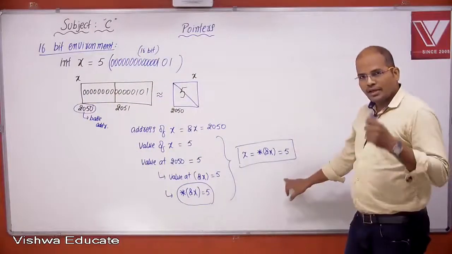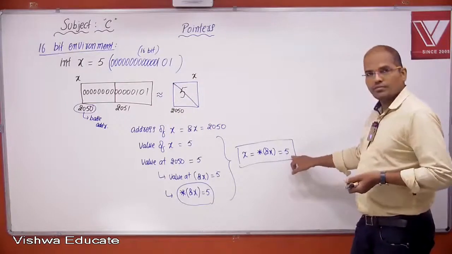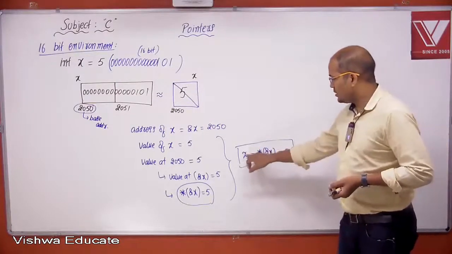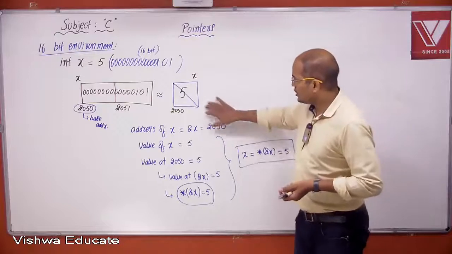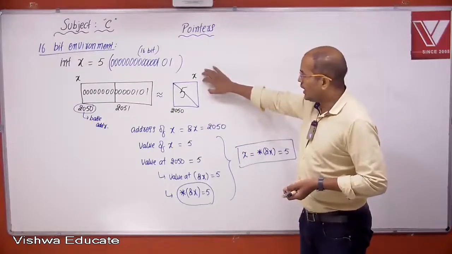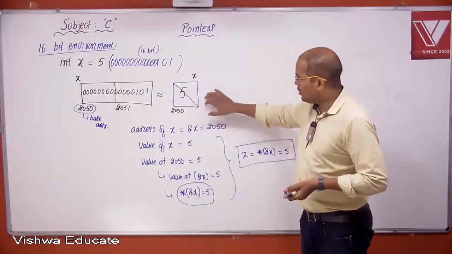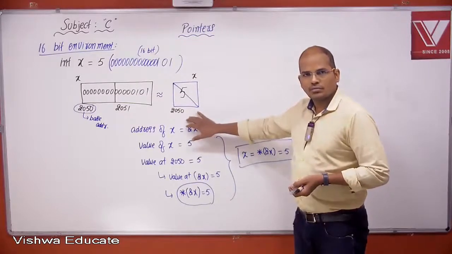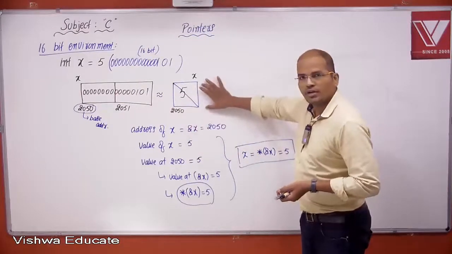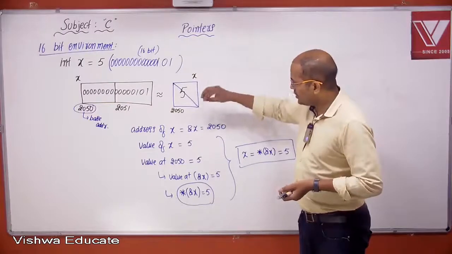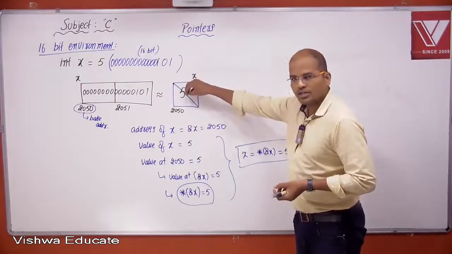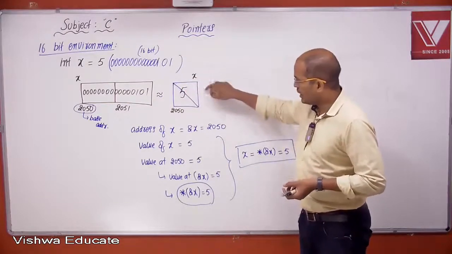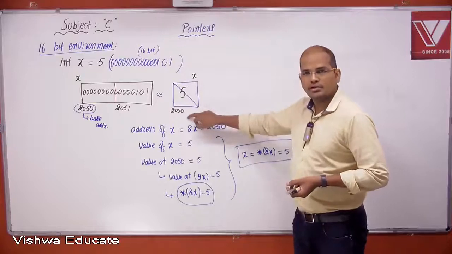Now from this conclusion, I can refer to 5 by its name, the location name. I can refer to 5 by the location address. If this is my physical location, I can refer to the value present in that location by its name and by its address.